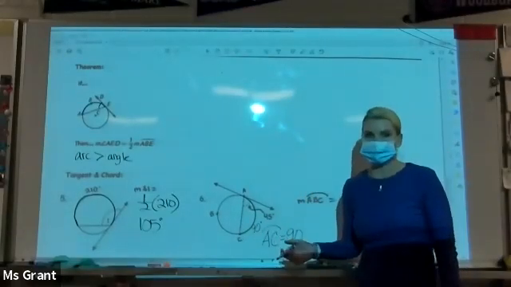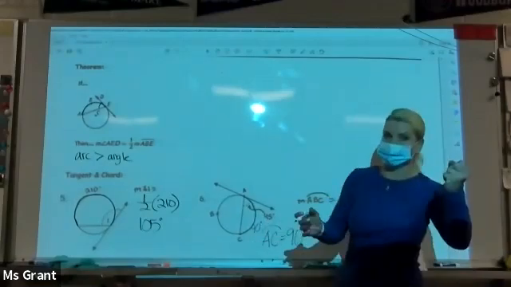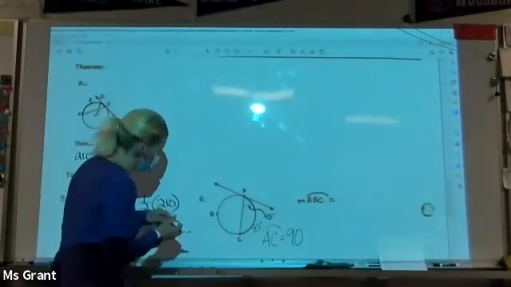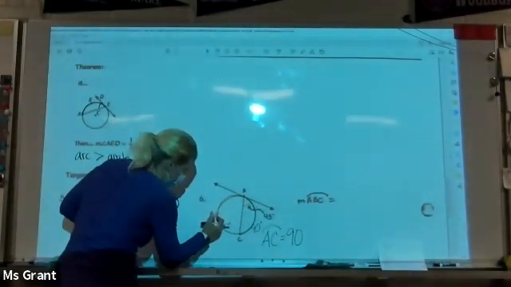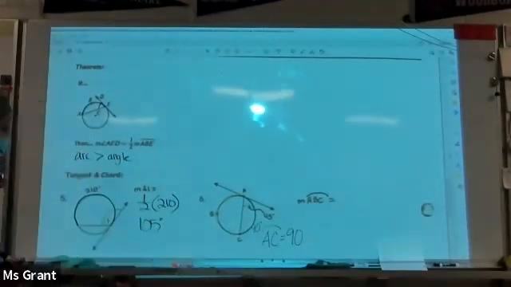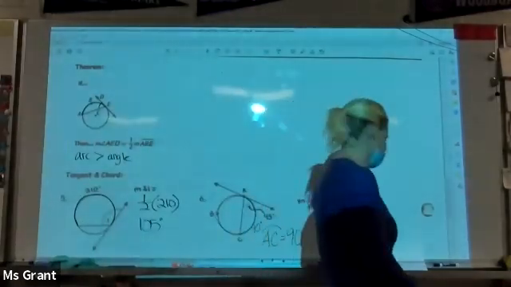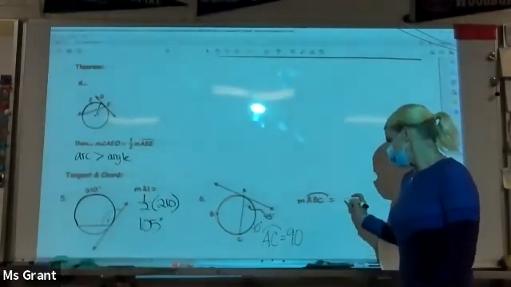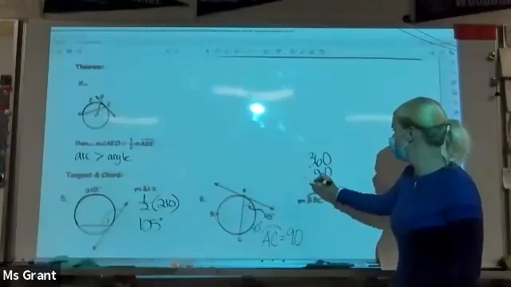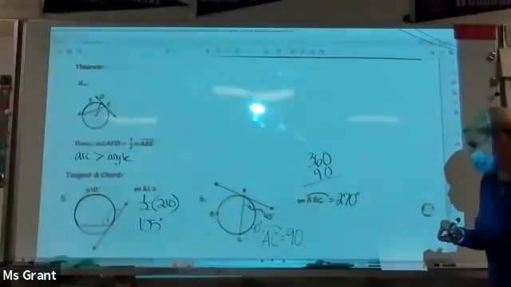This is really easy because the whole thing is 360, 90 is already used up. ABC is coming from this orange. So, what is it? 270 degrees. And if you're not sure, just in case, we did the whole circle, take away 90. That's where we got the 270.